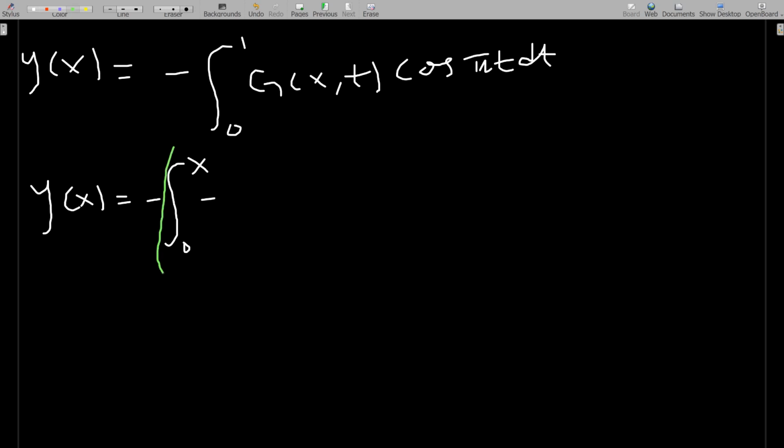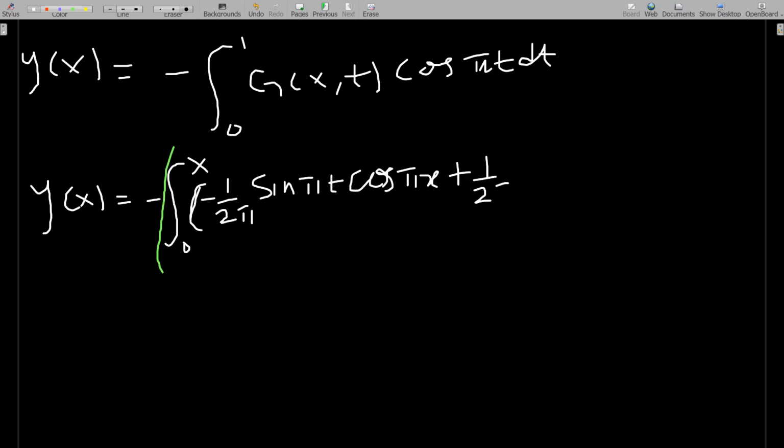So minus 1 over 2 pi sine pi t cos pi x, I know it is tedious, but let's do this, then plus 1 over 2 pi cos pi t sine pi x, all of this times cos pi t. Sorry, phi of t is cos pi t.